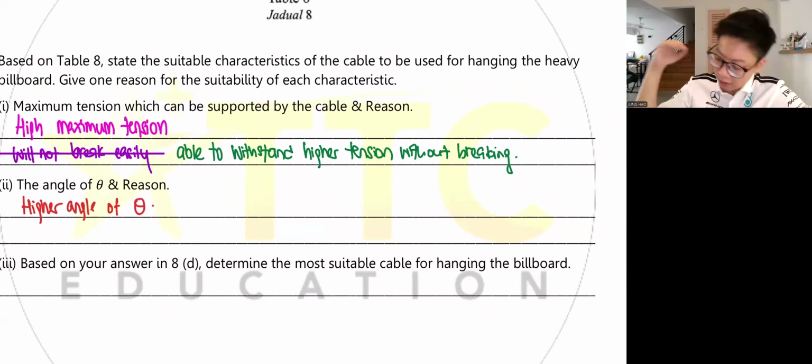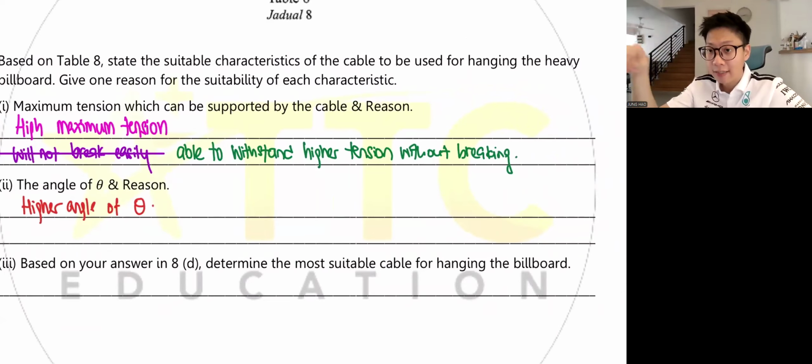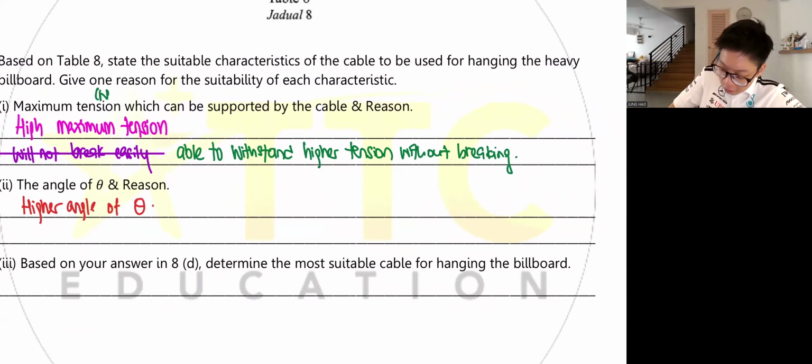So what you want here is you want it to tahan higher tension so that it will not break. But for here, Hong Yi, I will suggest you don't write mass because tension is Newton. So if can you say back tension, or at least you say higher weight, 不要写 mass.